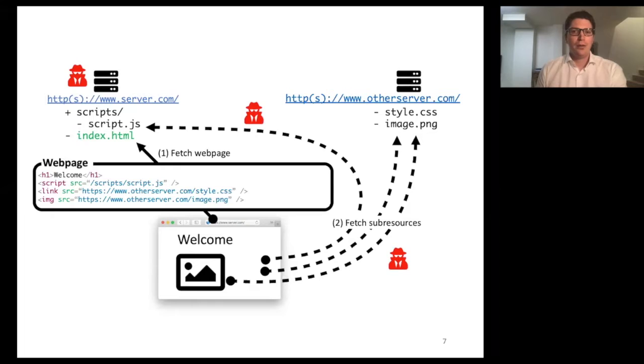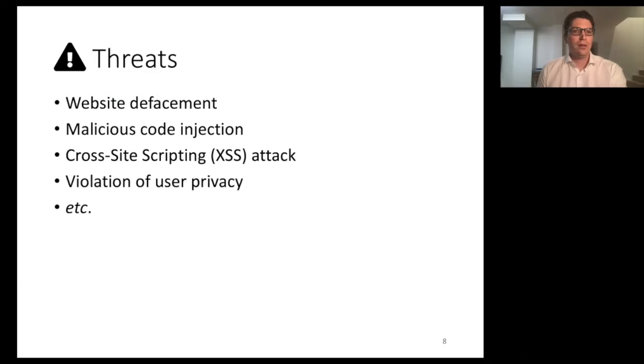Second, there are some attackers that may attack us on the communication link. In this case, we usually set up HTTPS to protect ourselves from these attackers. And finally, we may have an attacker on the third-party server, and we are really interested in that one today. The sub-resource integrity recommendation is really used to thwart this kind of attacker that may harm us from a third-party, an external server. So what could this attacker actually do?